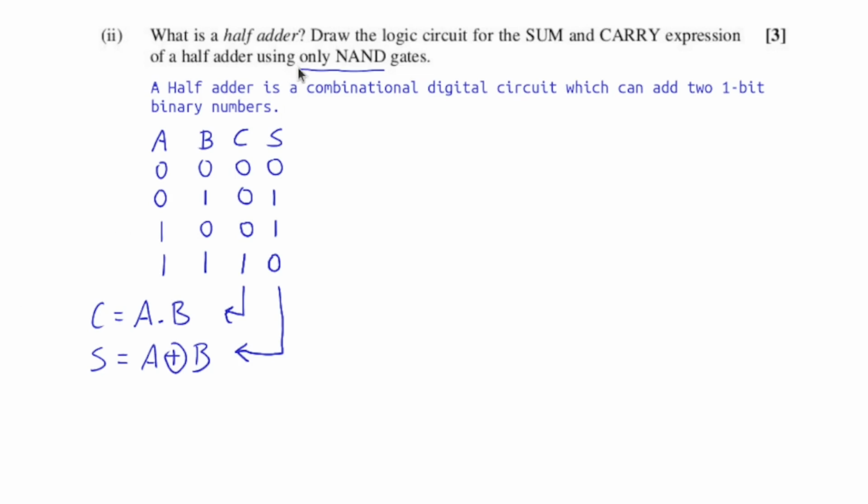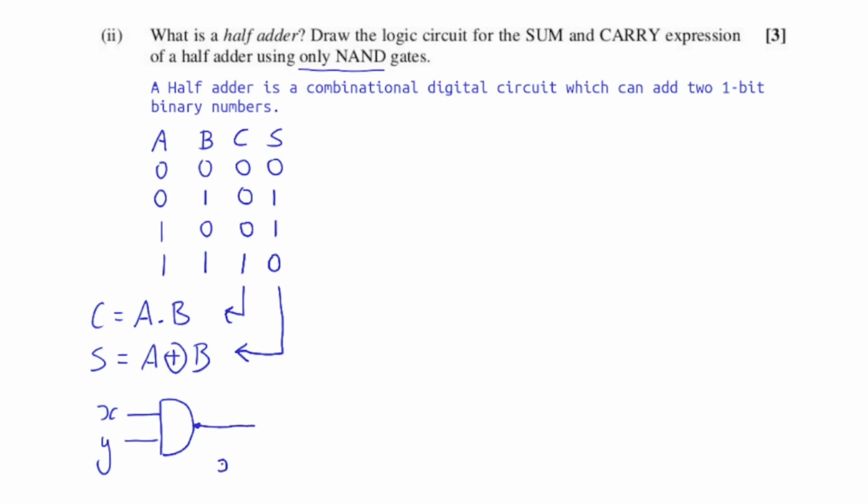Now the second part of the question is asking for only the NAND gate representation. So the question is, what is a NAND gate? NAND gate means AND gate followed by a NOT. That means if there is one X, there is one Y, we'll have one AND gate, and then there is a bubble to denote a NOT.